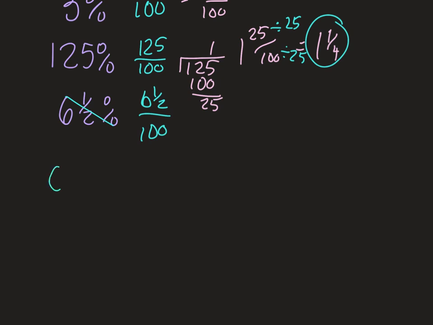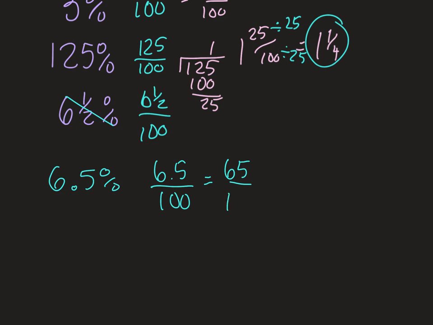So I'm going to change this guy to 6 1/2%, right? 1/2 is the same as 0.5. Now, 6.5 over 100, well, still doesn't look super duper fabulous. I mean, we could. What we're going to have to do is hop the dot over one place, because I don't want 6.5.